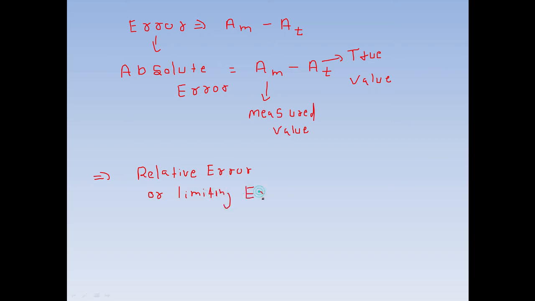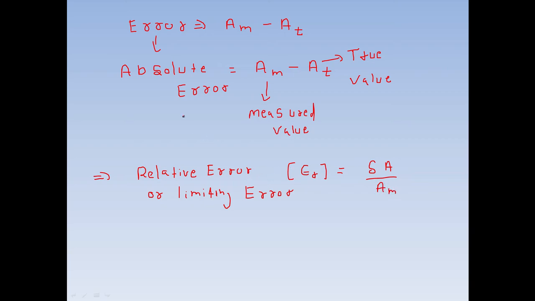So what is this relative error or limiting error? If we divide the absolute error by the measured value, then this is known as relative error.